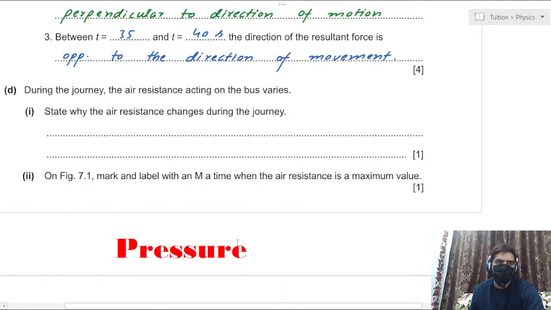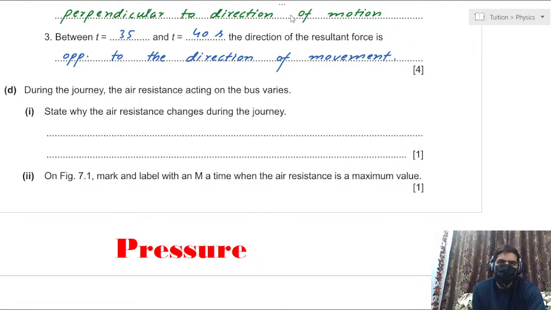All right, then we have the next one. During the journey, the air resistance acting on the vehicle varies. State how the air resistance changes. We were discussing the same thing, that the speed of the object keeps changing in the journey. If the speed changes, the air resistance changes accordingly.